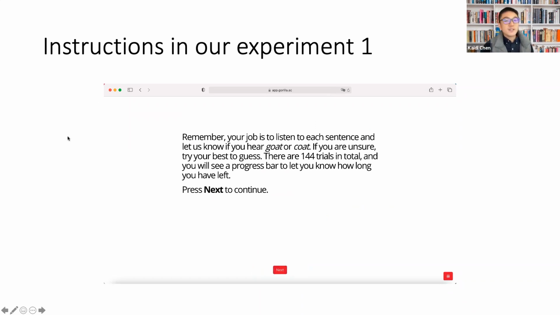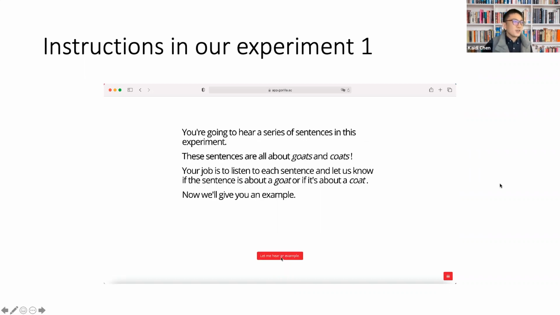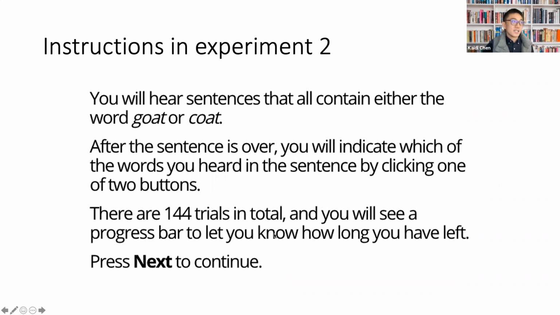Okay, this is our instruction. We have examples. So those examples actually is to make them aware, give them more consciousness of the semantics. So what we did for experiment 2 is to resemble their instructions.